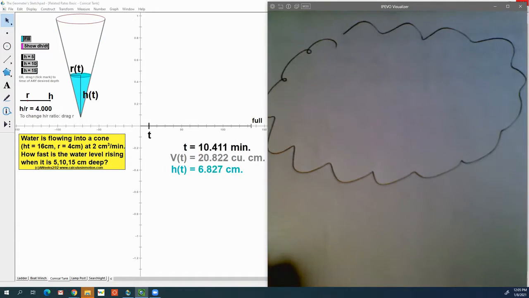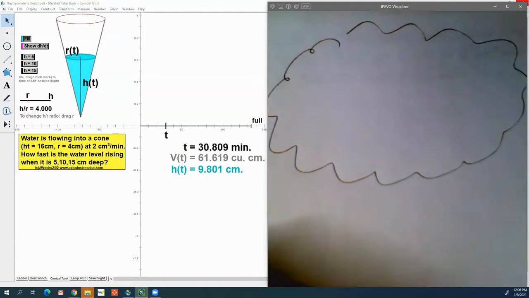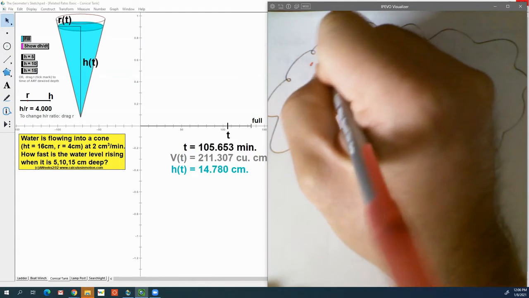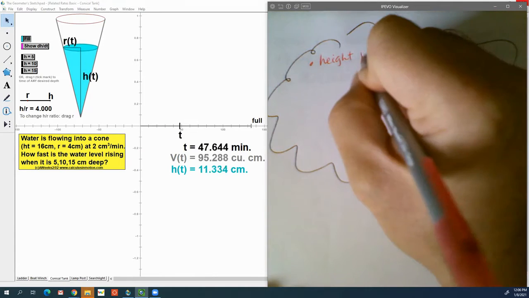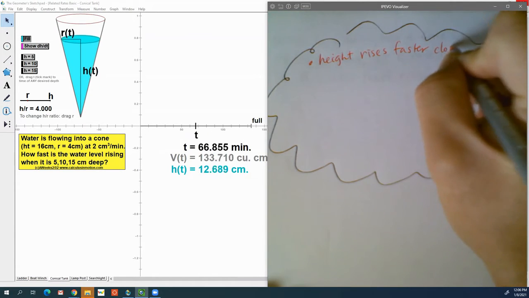So when we look at that situation, a couple things that should stand out to us are, again, first, the height rises faster closer to the bottom.